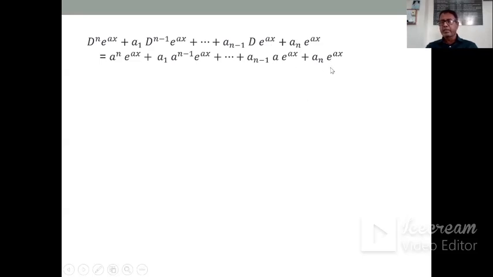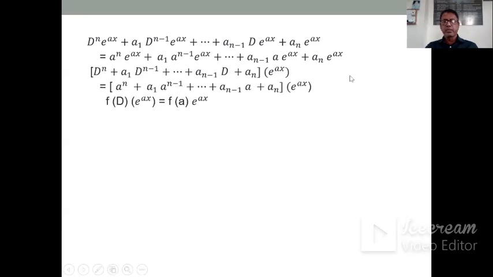And now we take e to the power ax common from the right side, and for the left hand side we get in the square bracket D to the power n plus a1 D to the power n minus 1 plus and so on, plus a_(n-1) D plus a_n, square bracket complete, operating on e to the power ax.